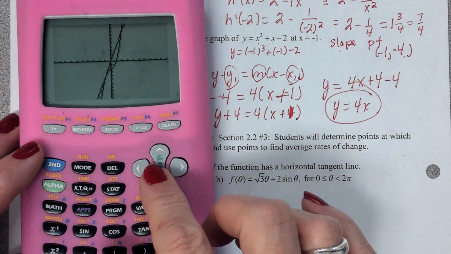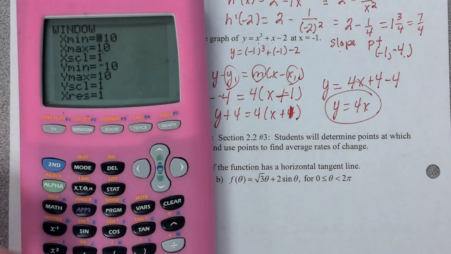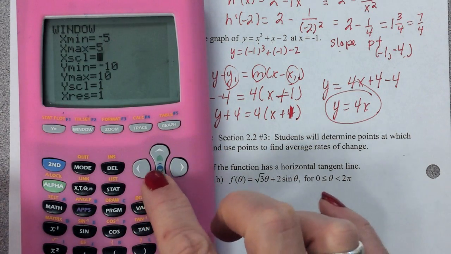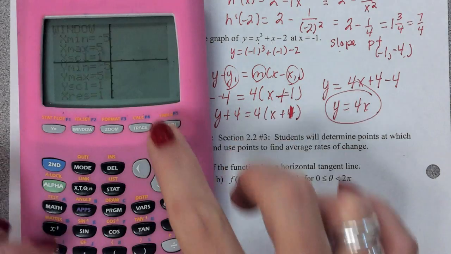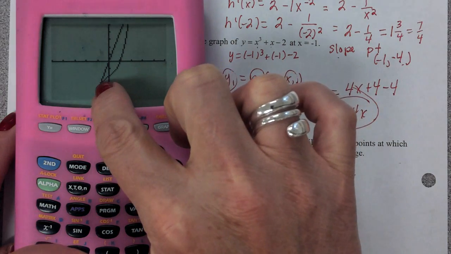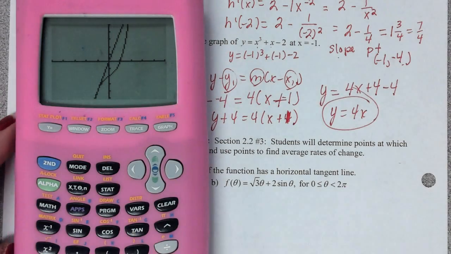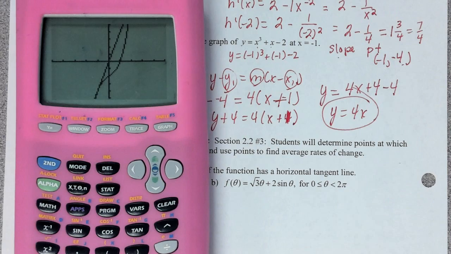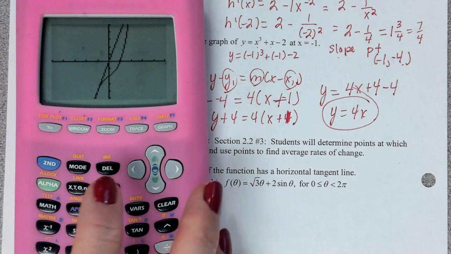And so that tells me that it's tangent right there. It's kind of hard to see it unless I zoom in a little more. But I think if I zoom in, you'll be able to tell that it's tangent. Here's our curve. Here comes the line, and we can see that it is going to be tangent right there at -1, -4. Questions? All right, very good.